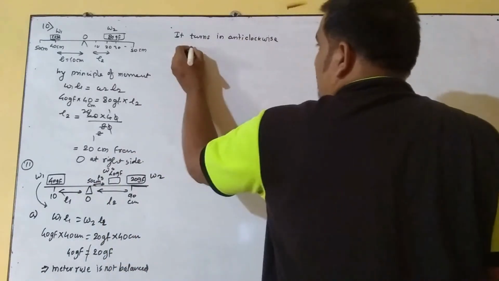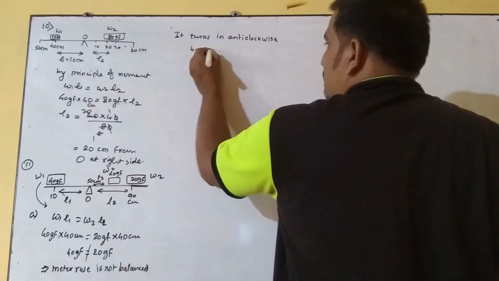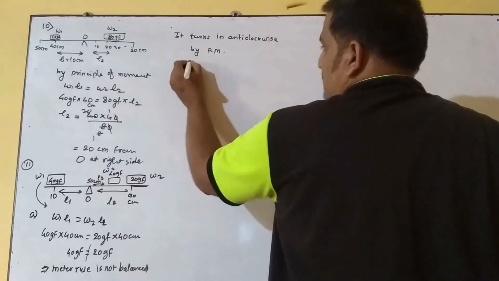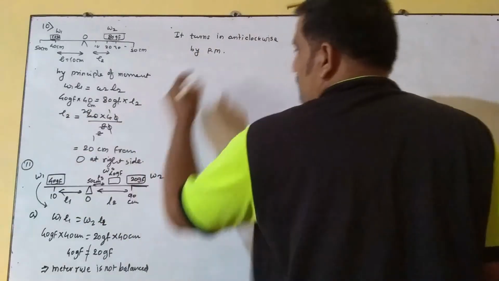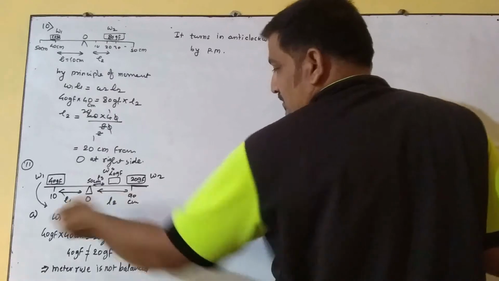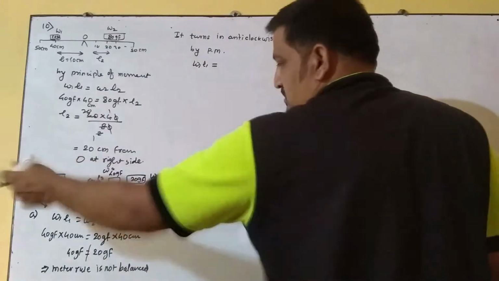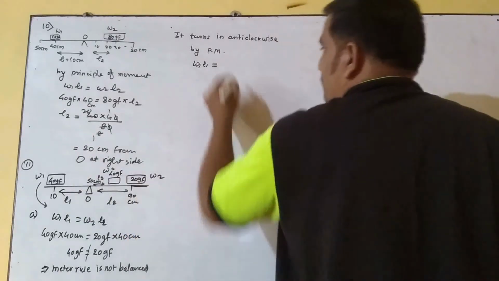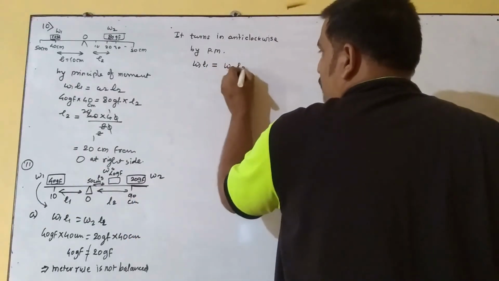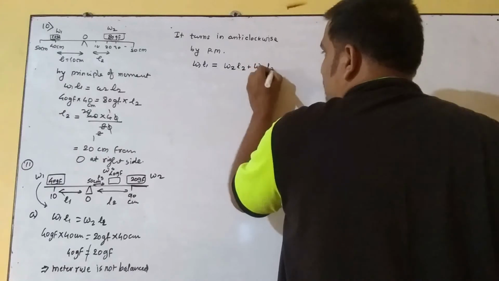So again, by principle of moment, we can say that on the left side the moment of force is W1 L1, and this side the moment of force is W2 L2 plus W3 L3.